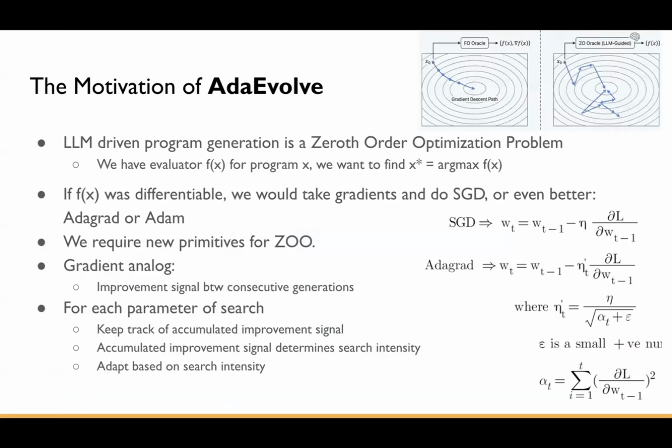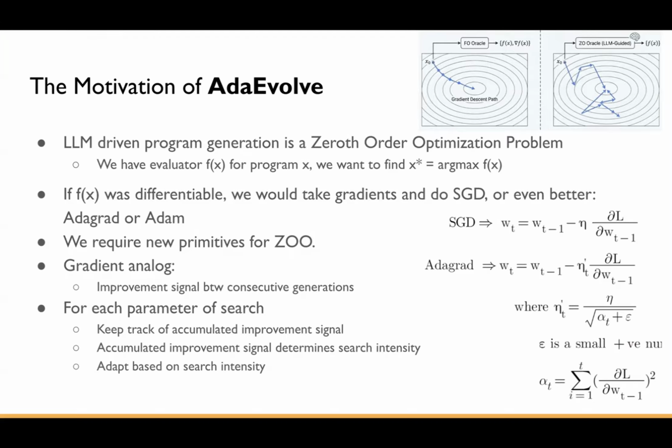The motivation for AdaEvolve obviously came from adaptive subgradient algorithms like AdaGrad or Adam, because if this were a continuous optimization problem, this is almost a solved problem. You look at the history of gradient updates, the first moments or second moments of your gradients, and have tunable learning rates for different parameters.